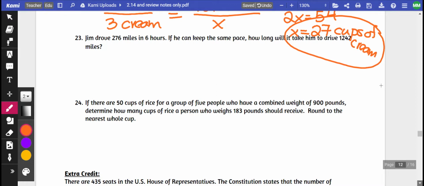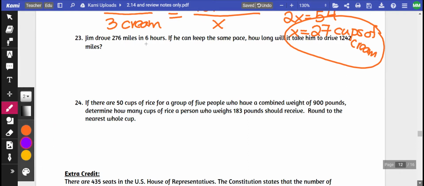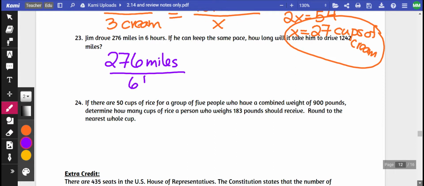Number 23. Jim drove 276 miles in 6 hours. If he can keep the same pace, how long will it take him to drive 1,242 miles? So this is 276 miles in 6 hours. In the second scenario, I'm also given an amount of miles, so that will go on the top.